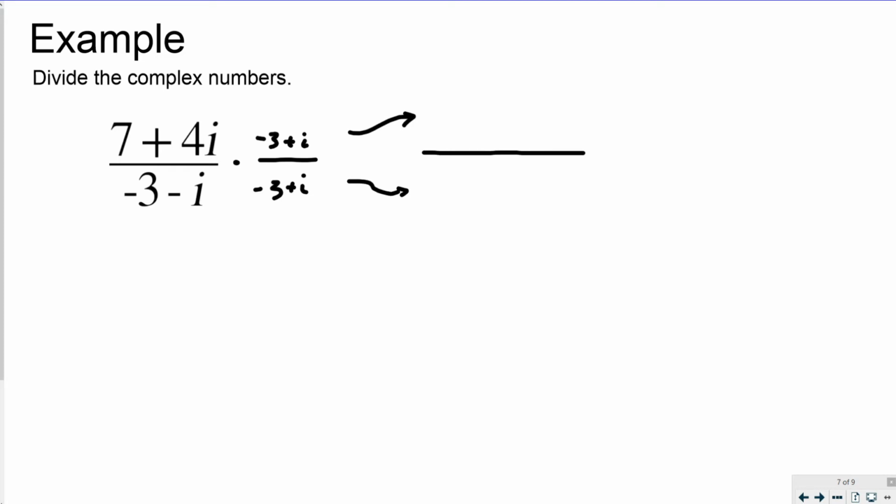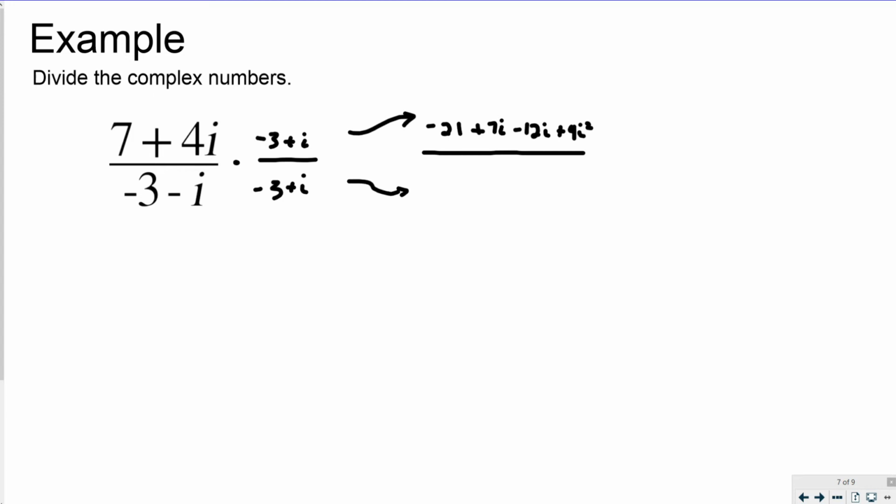So 7 times negative 3 is negative 21. 7 times i is 7i. 4i times negative 3 is negative 12i. And 4i times i is 4i squared. So that's the top.